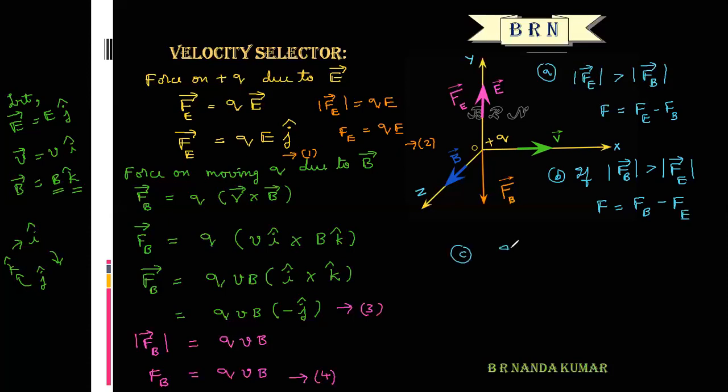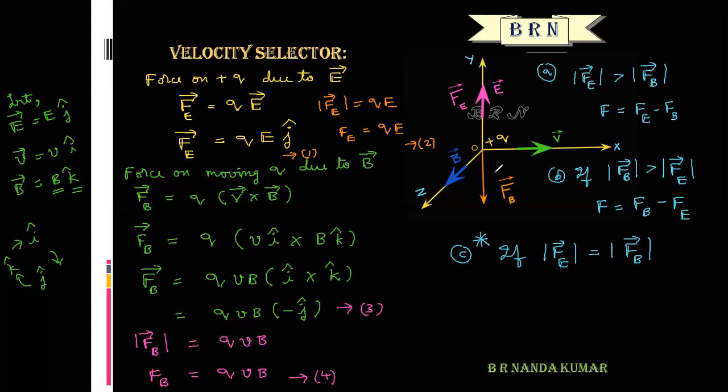Suppose the magnitude of FE vector is equal to the magnitude of FB vector. This point is very, very important here.